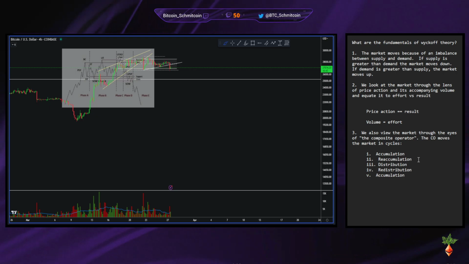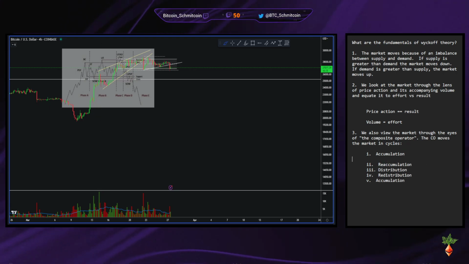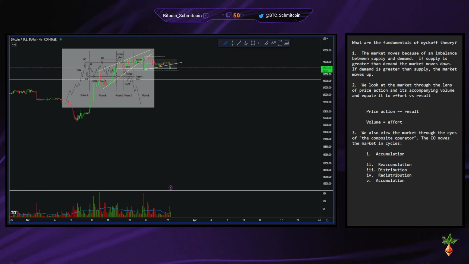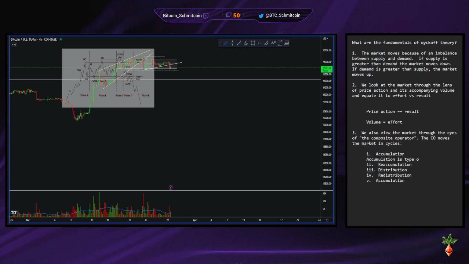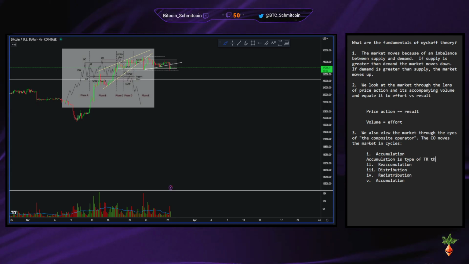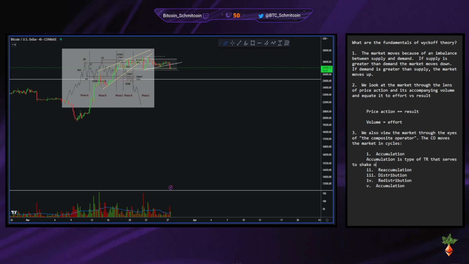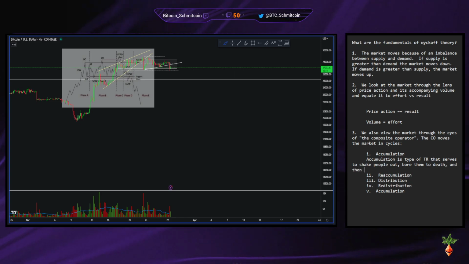We can do this multiple times. So, accumulation is a type of trading range that serves to shake people out, bore them to death, and then spark FOMO on a breakout.